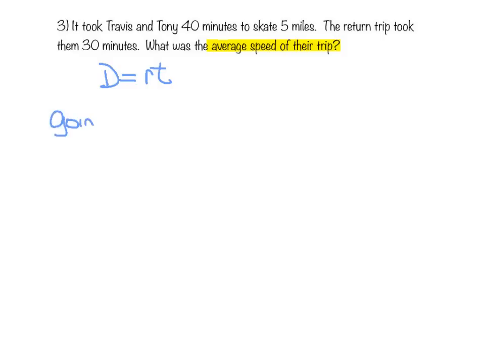So let's first look at the rate at which they were going. It took them 40 minutes to skate 5 miles. So, distance equals rate times time. What we want to do is solve for rate. Let's use what we learned in the last lesson.